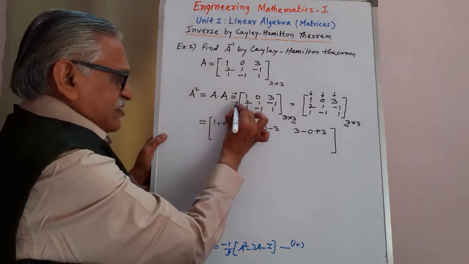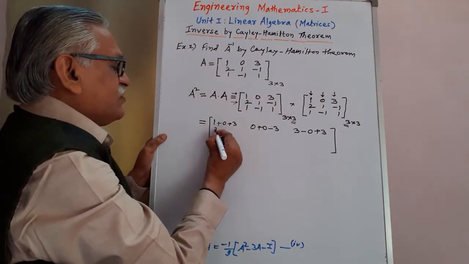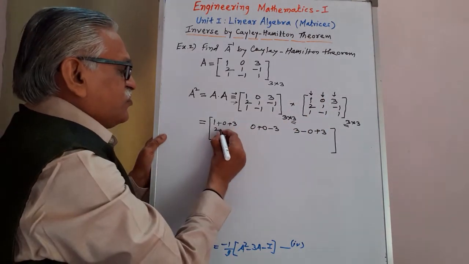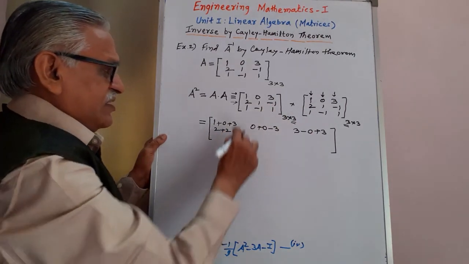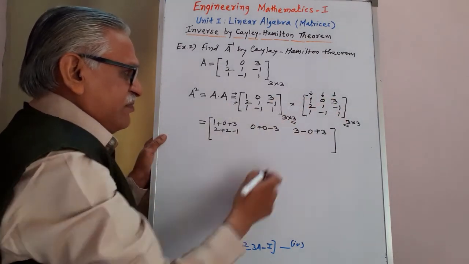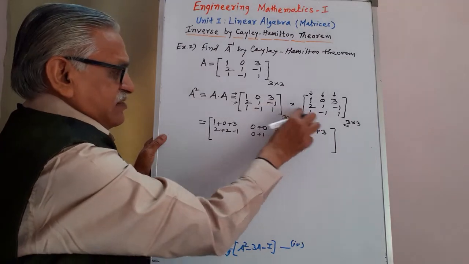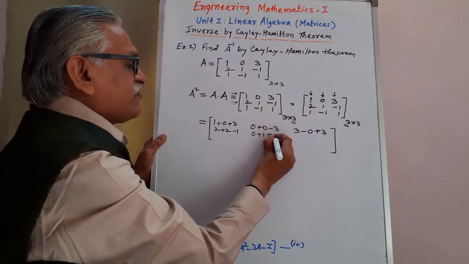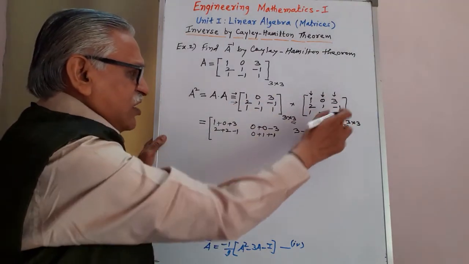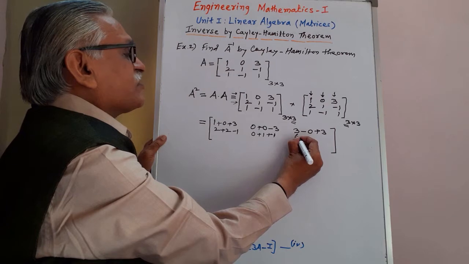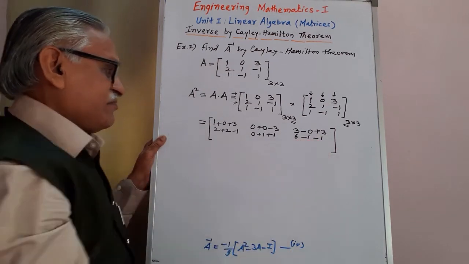Then the second row to all the columns: 2 into 1, 2, 1 into 2, 2, minus 1 into 1, minus 1. Then the same row to the second column, the elements are 0, 1, and minus 1 into minus 1 we get plus 1. Then the same row to the third column, the elements are 6, minus 1, and minus 1.